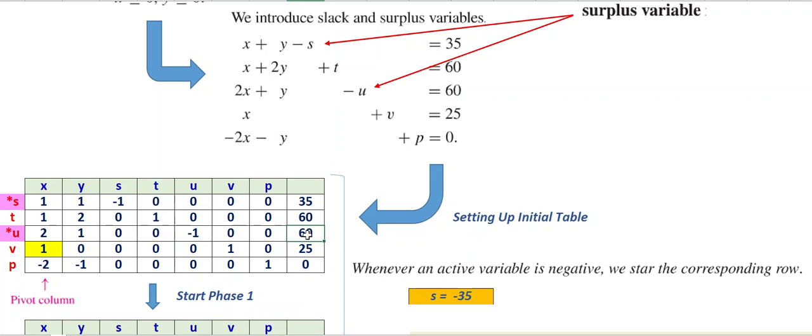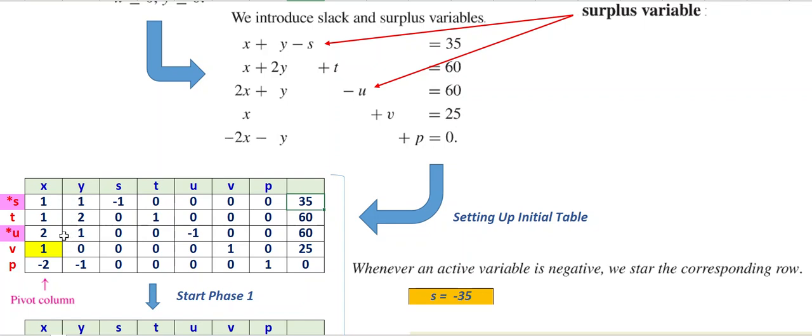So we begin phase one. To begin phase one, we have to find the pivot column, but we do that by going to either one of the highlighted rows. It doesn't matter which one. I'm looking at the first one, and so remember what we have to do. We want to look for the most positive number. Well, X and Y are both equally positive, so I could arbitrarily pick either one of those.